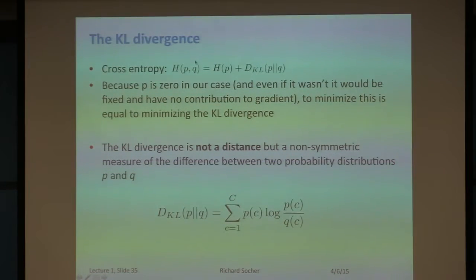Basically, minimizing the cross entropy is similar to minimizing the KL divergence between the ground truth distribution and the predicted one. And just to clean that all up, what is exactly the KL divergence? It's not a distance. Some people use that terminology and say it's kind of like the distance between these two distributions. It's not a distance because it's not symmetric.